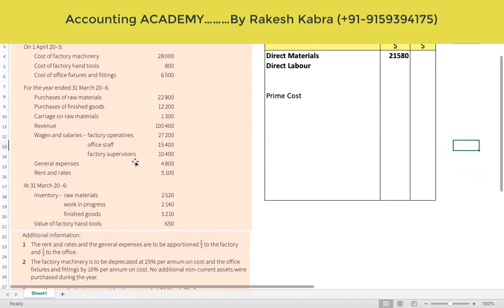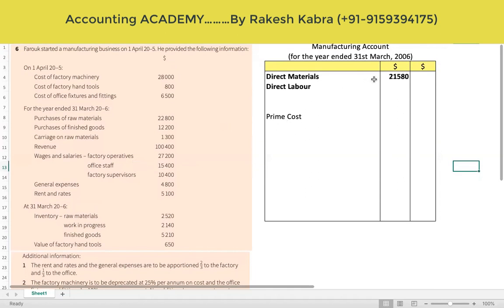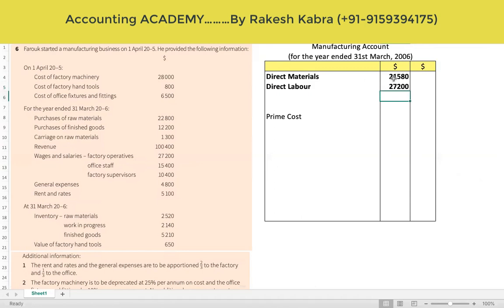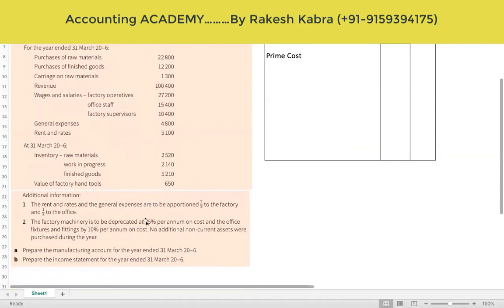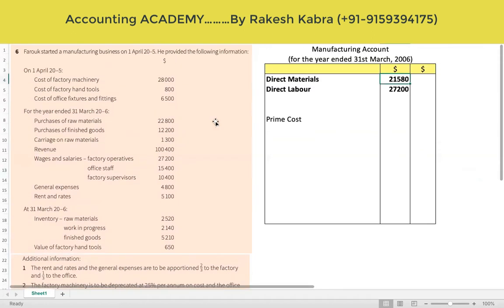So only their wages will be considered as direct wages, right? 27,200, and there is no adjustment given regarding the factory operative wages. Otherwise, we would have to consider those adjustments also.